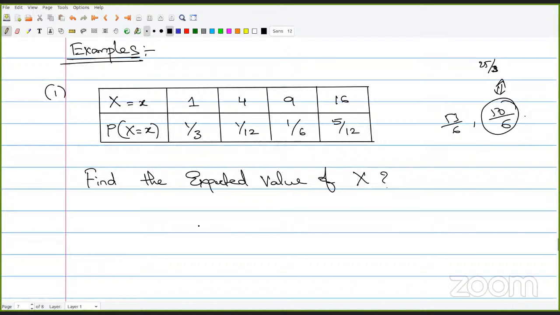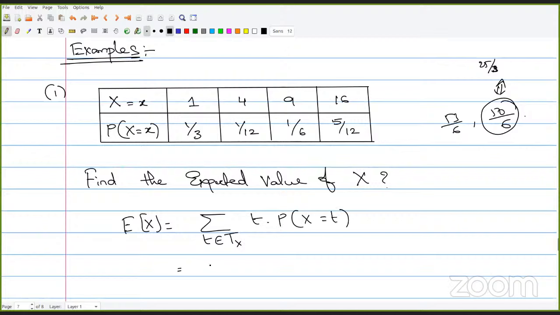So what is the answer for this expected value? 53 by 6. Okay, it's just the expected value of X. You just have to write it as summation over t in the range of X, t times the probability that X takes t.